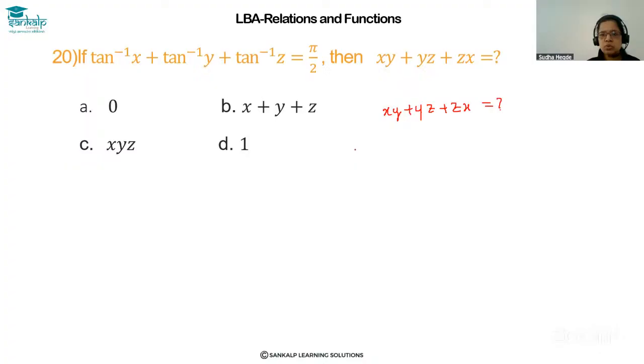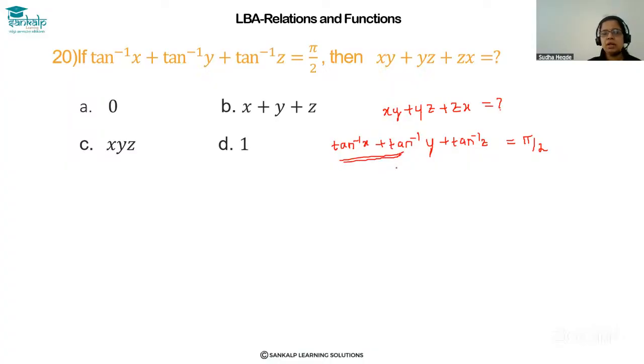Okay, so given tan inverse x plus tan inverse y plus tan inverse z is equal to pi/2. This equation is given in the statement.